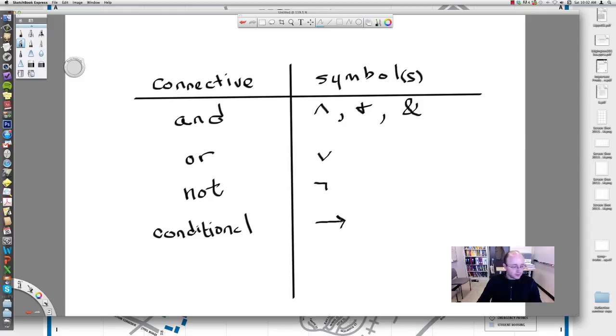And associated to each of the connectives is a truth table. It's very important when you're beginning propositional logic to spend a couple hours memorizing the 4 truth tables for the 4 propositional connectives. And what I want to do right now is just show you how to draw them.